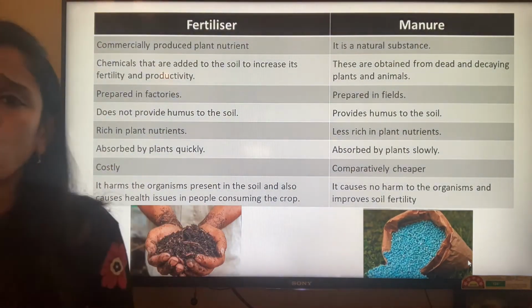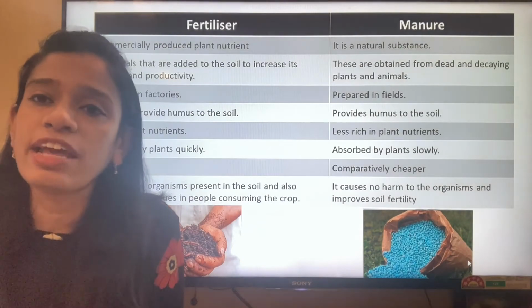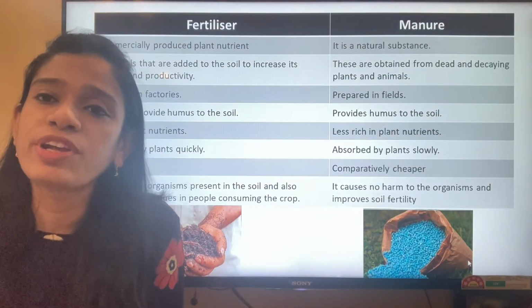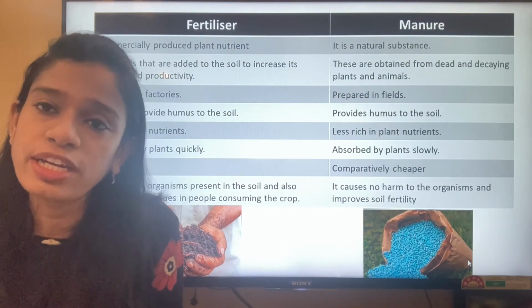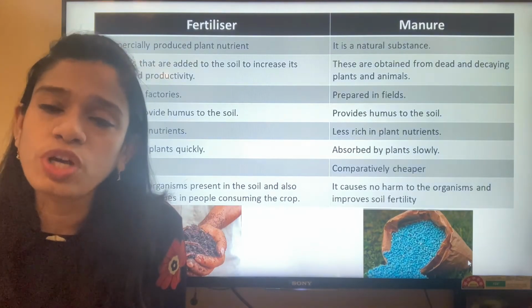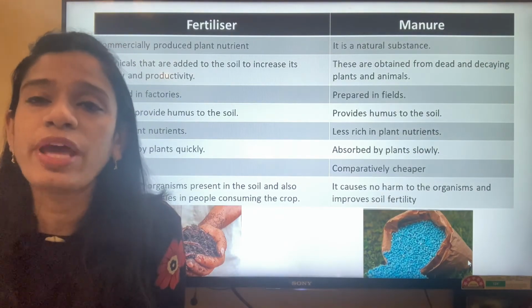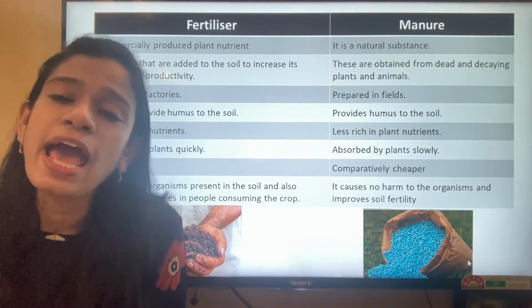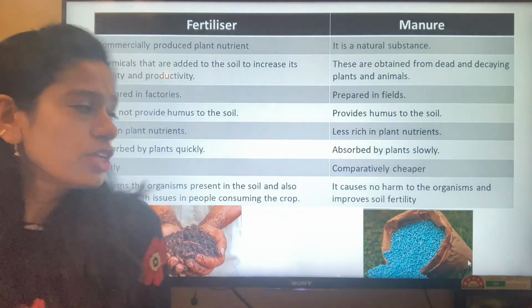Fertilizer is quite costly because it is man-made and requires many chemicals, which add up the cost, whereas manure is purely natural and so it is quite cheaper.